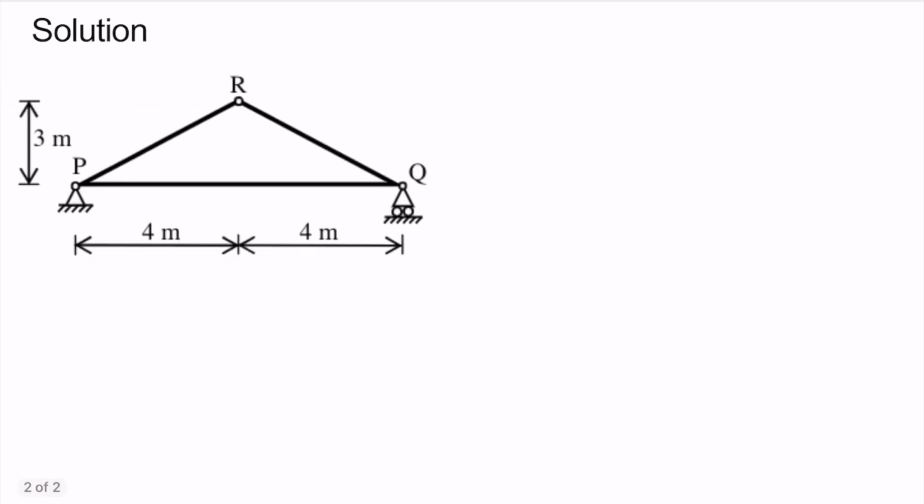So here we need to find the vertical displacement of this joint R because this member PQ is short by 3 mm. So for that we will use the unit load method. The first step of applying this unit load method is to apply a unit load in that particular joint where we have to find the displacement.